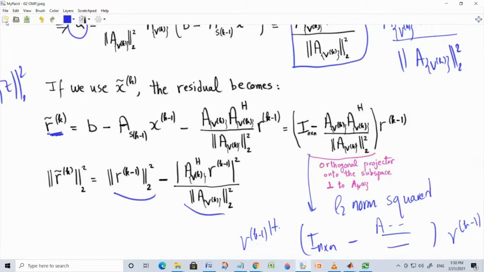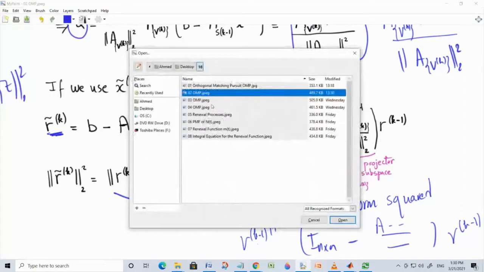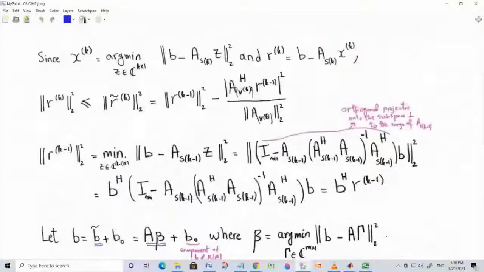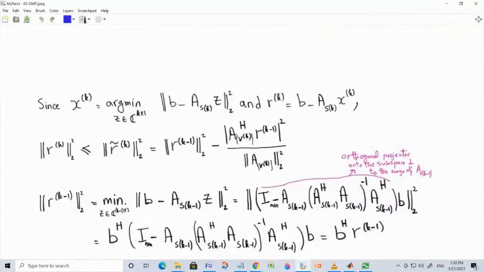So why? This will be our next step. Any questions? Okay, so that's the step. It is an upper bounding attempt. That's the trick.